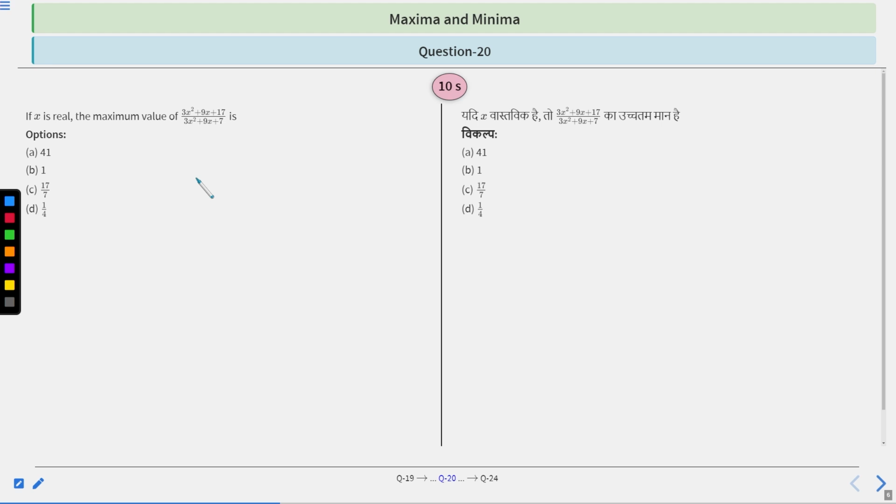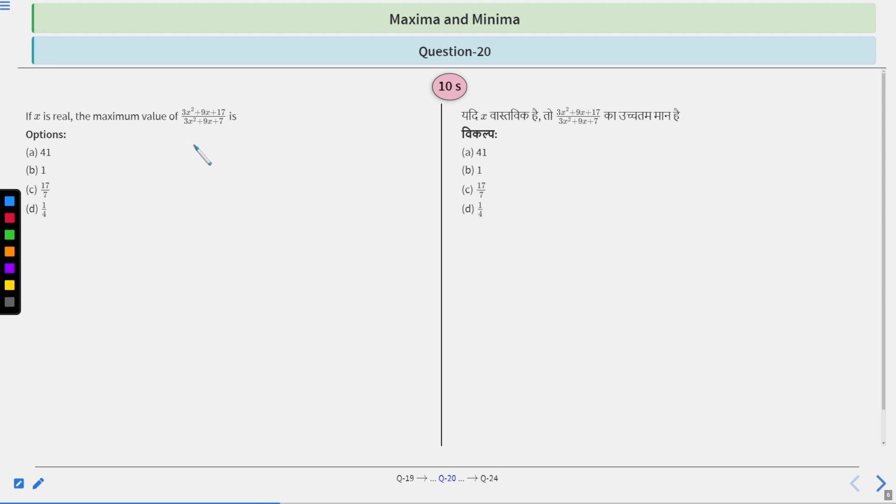right? Now at each critical point, you have to find f double dash x, right? So the critical point at which f double dash x is less than 0 will give the maximum value. Clear? And the point at which f double dash x is greater than 0, right? That point will give minimum value. Since we have to check the maximum value of this function, clear?